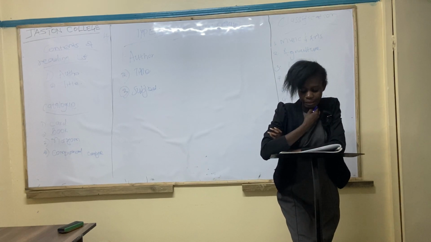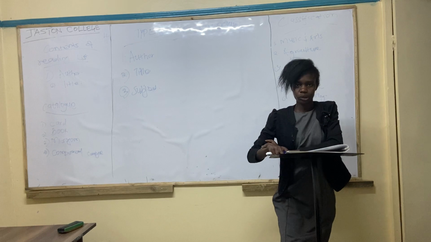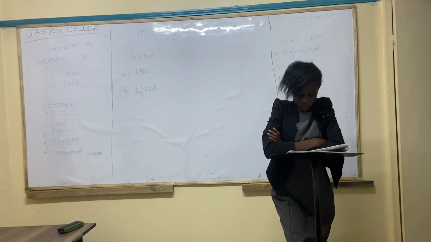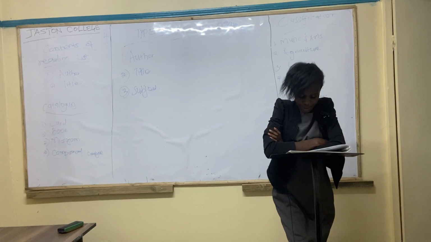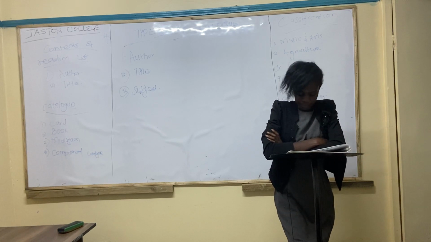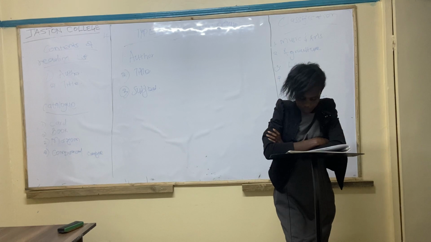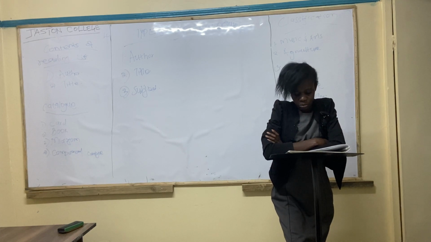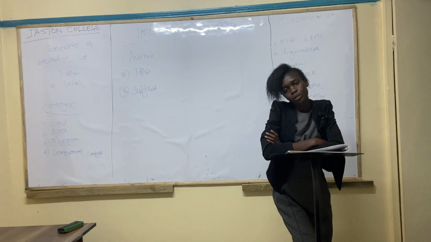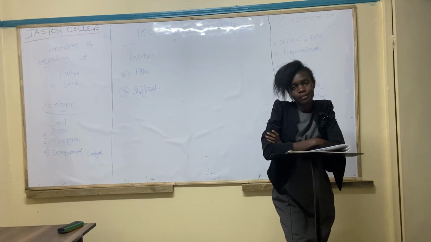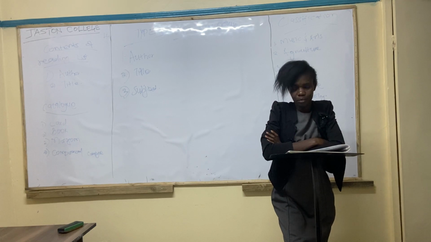We have the categories of reference books. We have general reference books, and we have specialist reference books. General reference books deal with knowledge or topics of general interest. General interest is, for example, the economy. Everyone is talking about the economy.